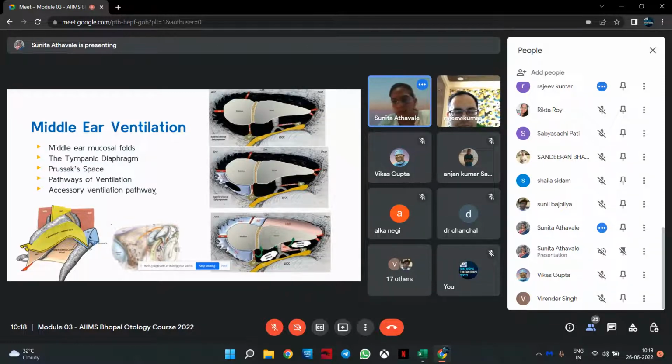To talk about these portions, I've chosen, because this is a difficult topic to understand and conceptualize, a video which I found was very lucidly explaining the whole subdivision of the middle ear cavity, and I am playing that video right now.